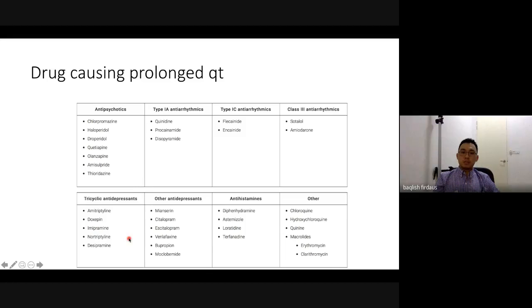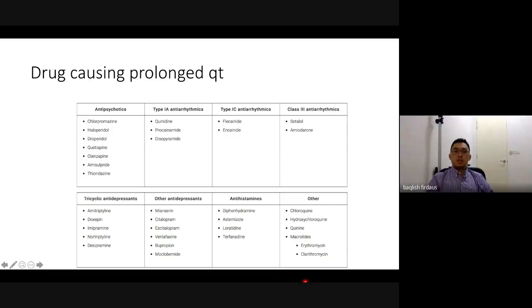Certain antidepressants, antihistamines, the cough medicine that you prescribe over the counter can all cause it. Also antiarrhythmics or certain common medications like quinine, and antibiotics like erythromycin.